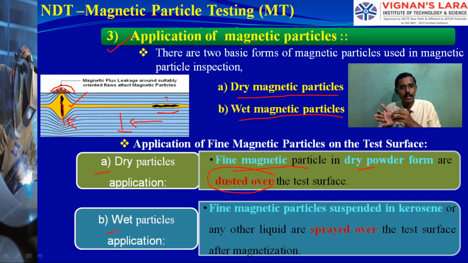That does not happen in the wet particle method, where it is equally distributed. We will cover dry particles and wet particles separately later. As of now, in the procedure, it is dry and wet.